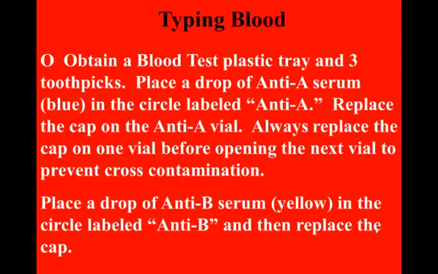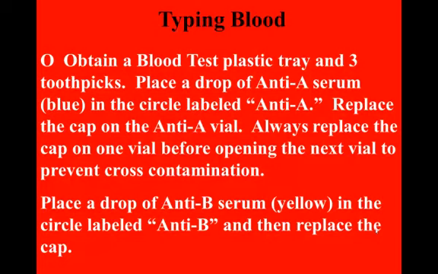When I use B in the B well and mix it up, if I get a positive reaction, meaning I get those little clumps, then I know it has the presence of the B antigen. So then I try RH.